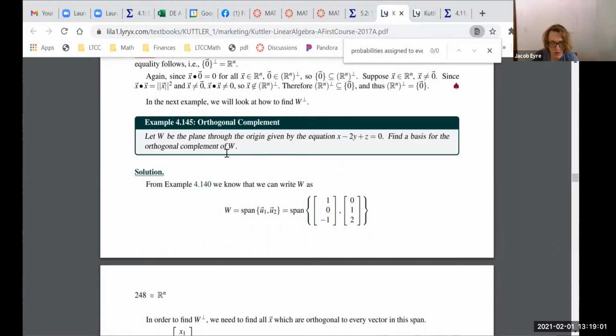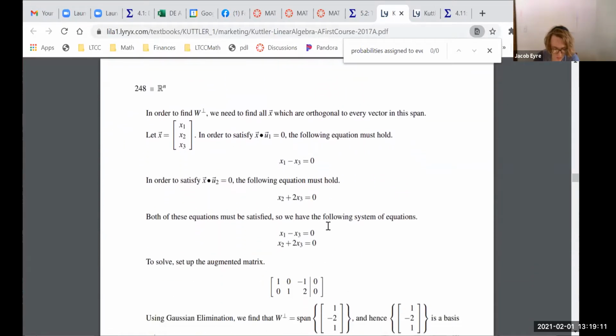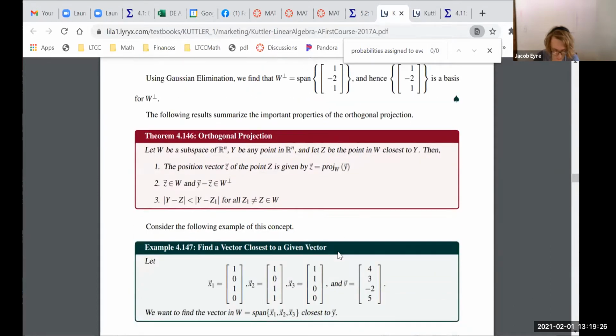Find a basis for the orthogonal complement of W. So you can get a basis, which is right here. So in order for W perp, we want to make sure it's orthogonal. So that's why you take X dot U1 and then do the subtractions. Okay. Any questions on that?